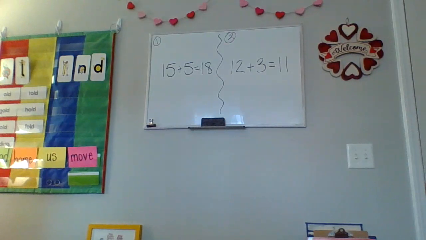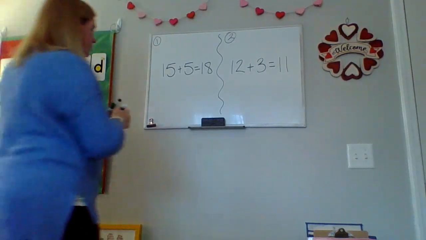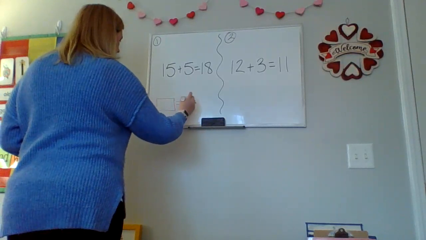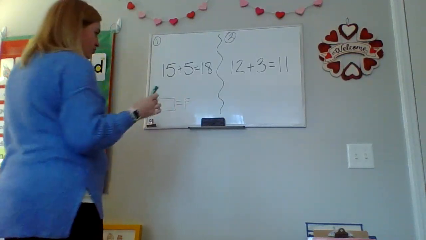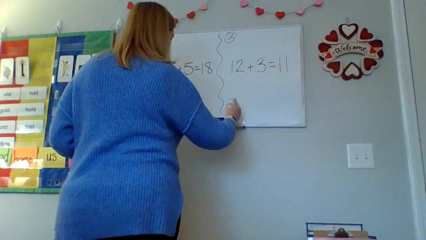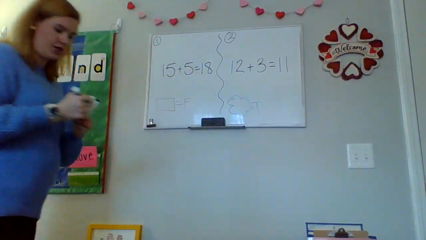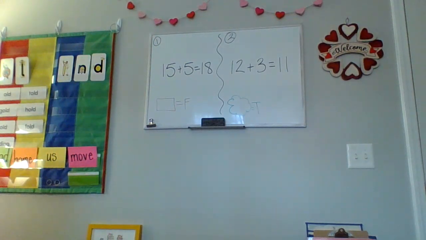Okay, write those equations down. 15 plus 5 equals 18, and 12 plus 3 equals 11. Same thing, if you want to, you can put a rectangle around, or you can just write an F. If it's true, you can do a little cloud shape, or you can just put a T. Up to you, my little smarty McSmartersons.